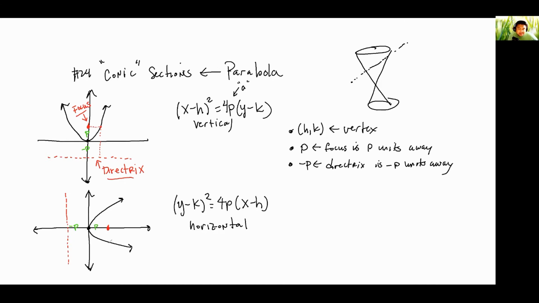And right smack in the middle of it is the vertex in between them. Find the focus, directrix, and then sketch.